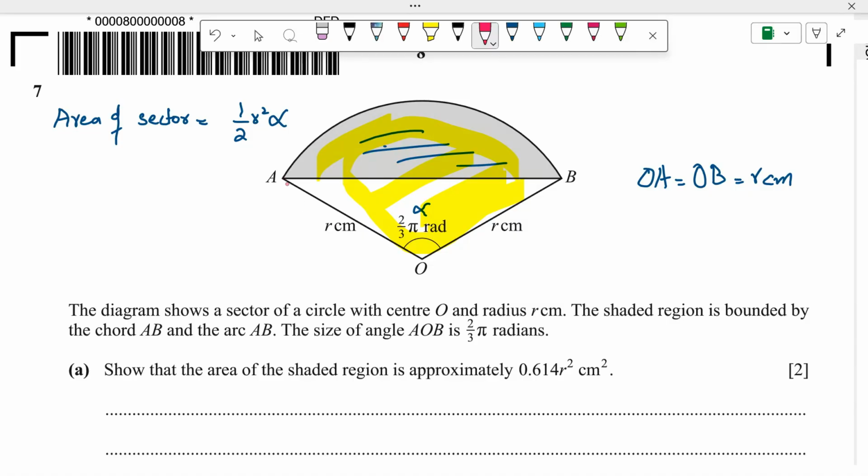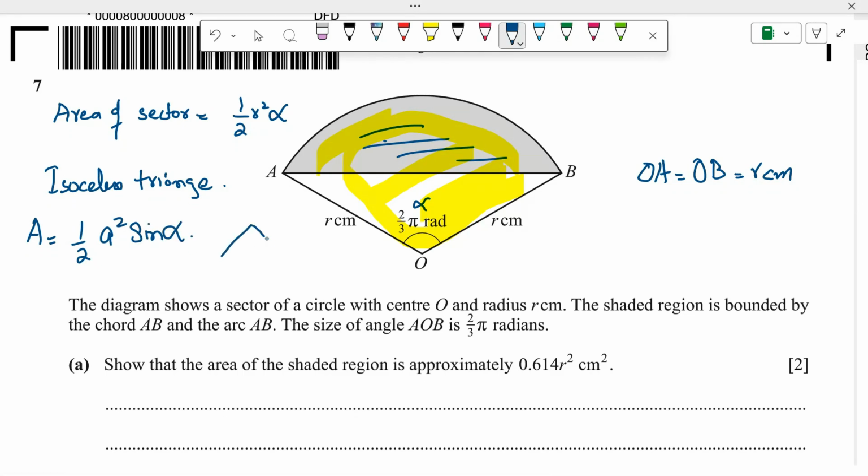Now we also know that OAB is a triangle, and this is an isosceles triangle. The area of the isosceles triangle is equal to 1 over 2 a square sine of alpha.